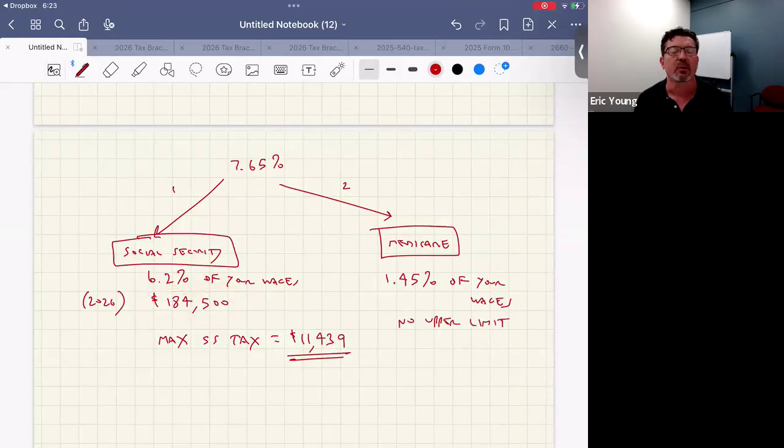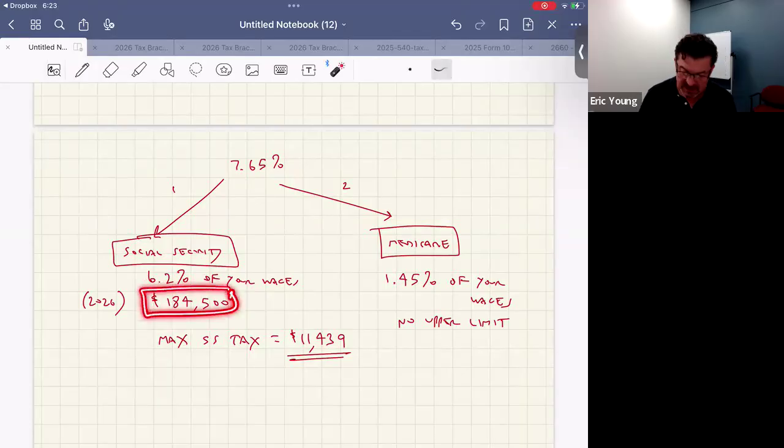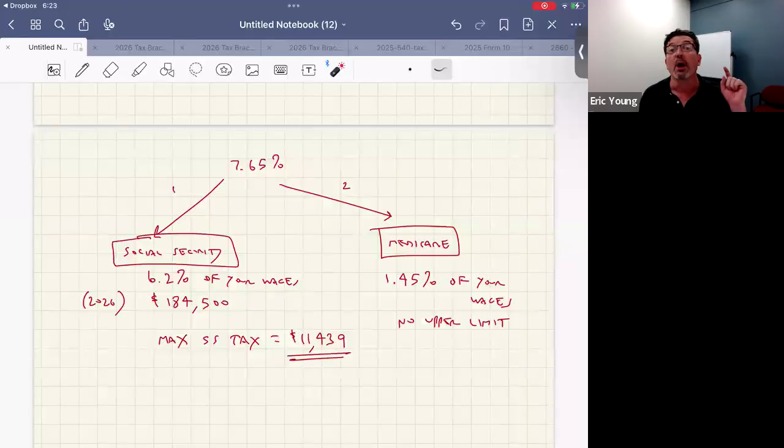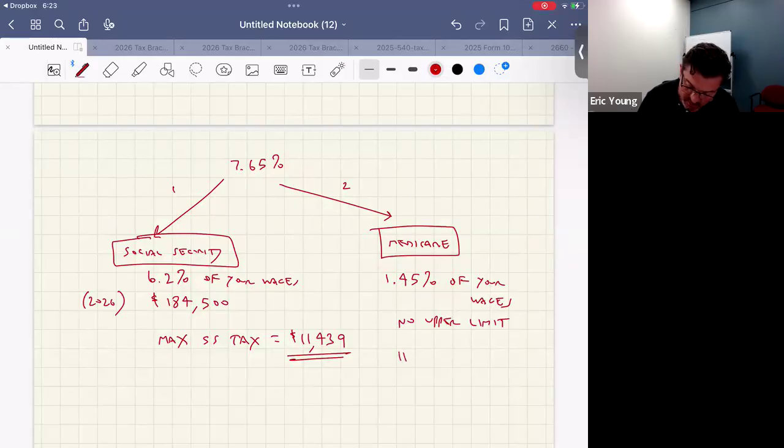So if you make $3 million in salary, only $184,500 of that is going to be hit at the 6.2% rate for Social Security. But all of it is going to be hit at the 1.45% because, again, Medicare has no upper limit. And in addition, Medicare has a little extra for high income earners.